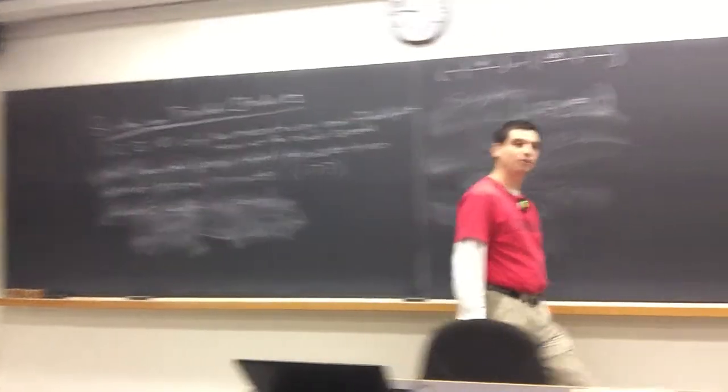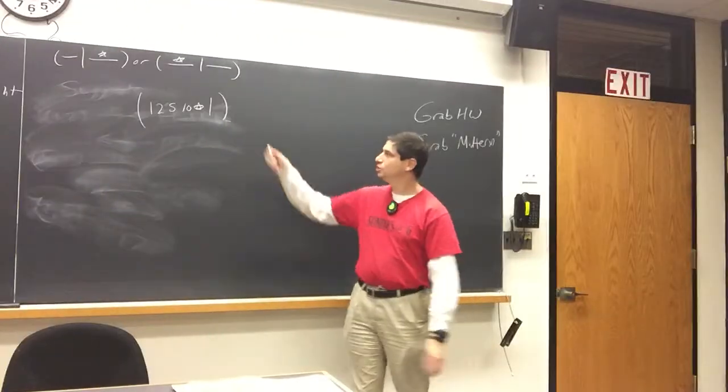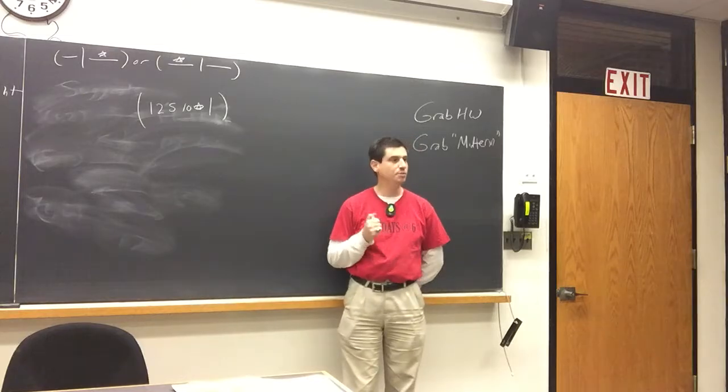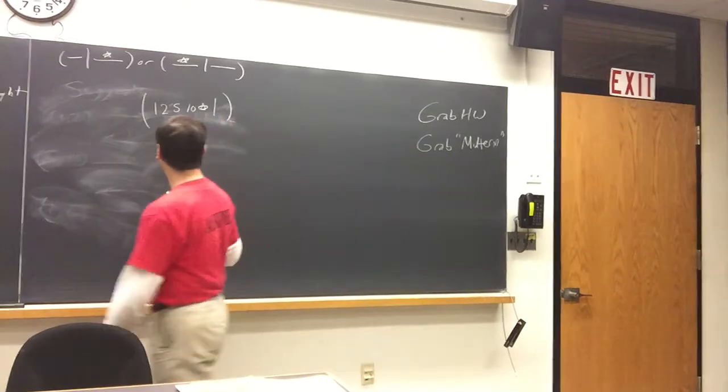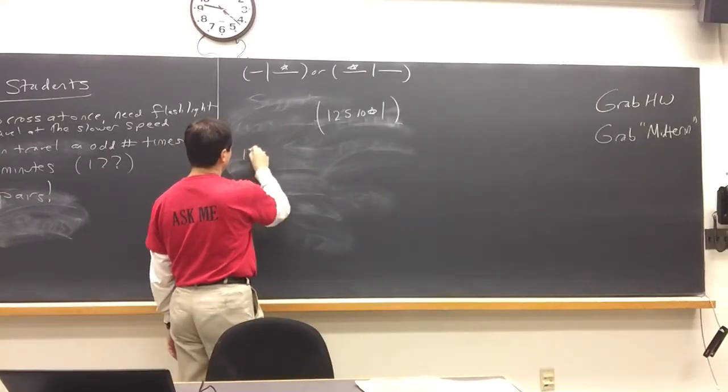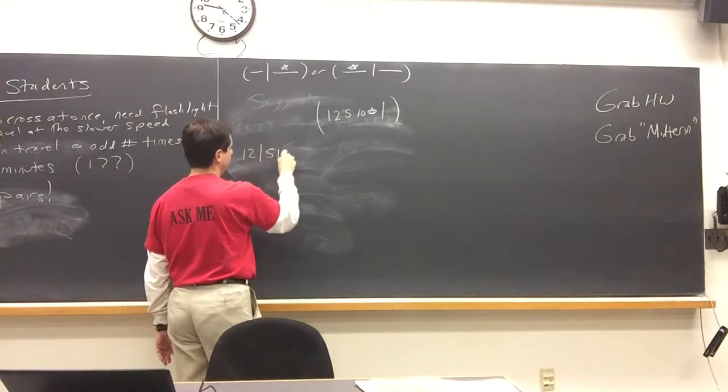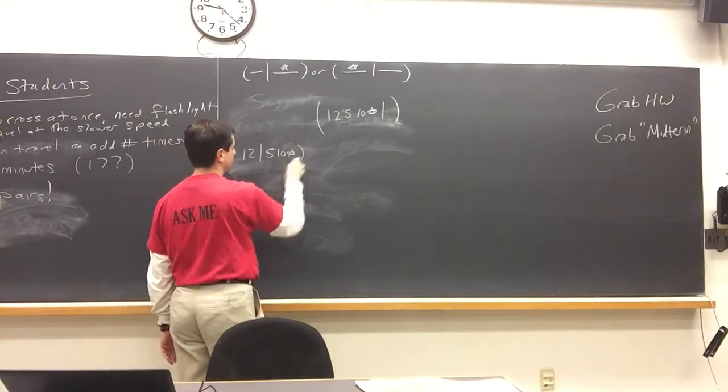So the goal is to see how to formally attack problems like this. So we have 1, 2, 5, 10. What are the possible states we could move to? How many moves do we have? 4 choose 2. What's 4 choose 2? So there's 6 possible moves. Okay? So we could move to 1, 2, 5, 10 star.